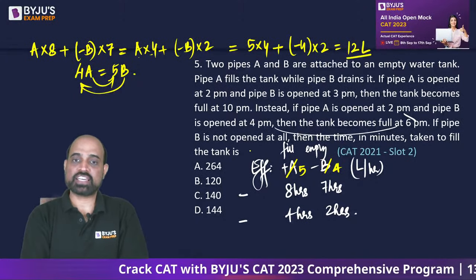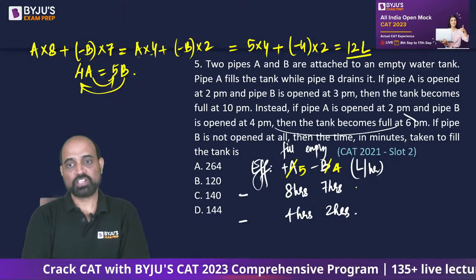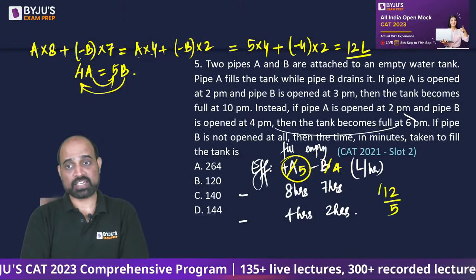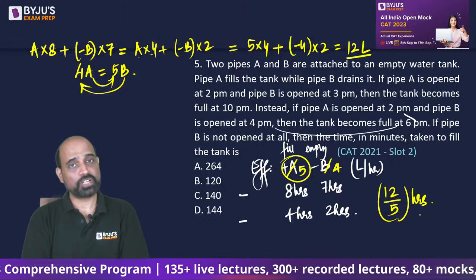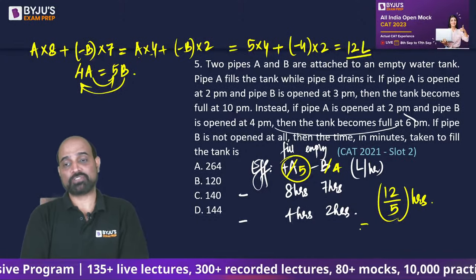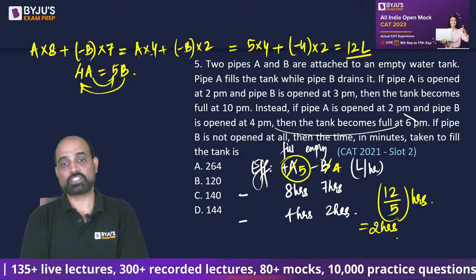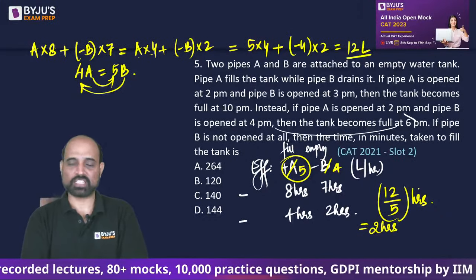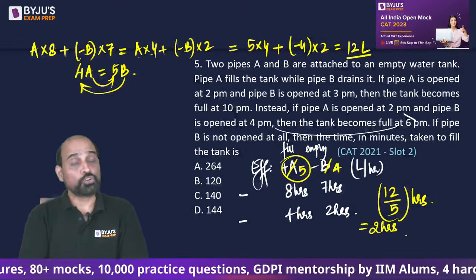Now the question is, if pipe B is not open at all, with 12 liters and an efficiency of 5, how many hours will it take? Now 12 by 5 hours is nothing but 2 hours and more. It's more than 2 hours, 2 and 2/5 of an hour.